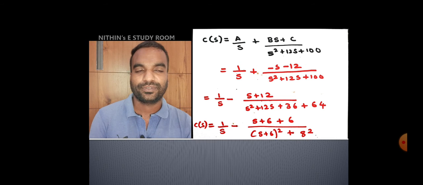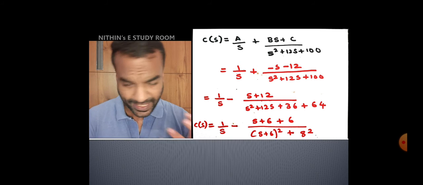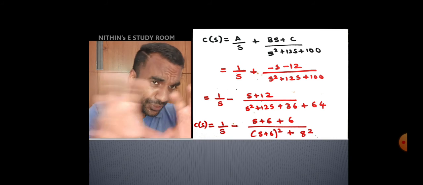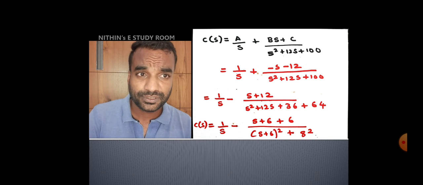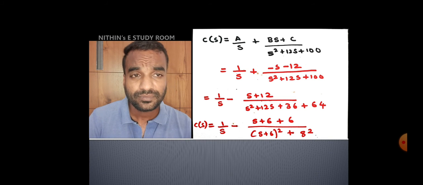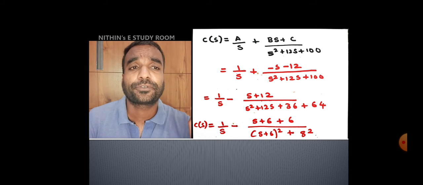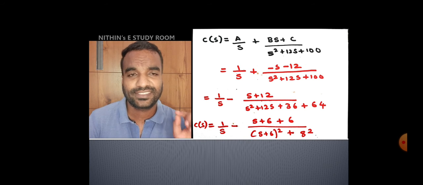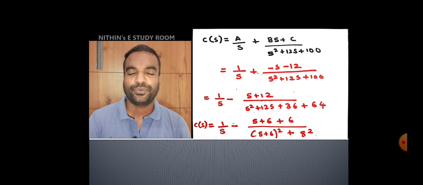I think now you will be able to identify this as some standard form, because s by s square plus a square was a standard result. I hope you remember, for inverse transform, s by s square plus a square. What was its inverse transform?